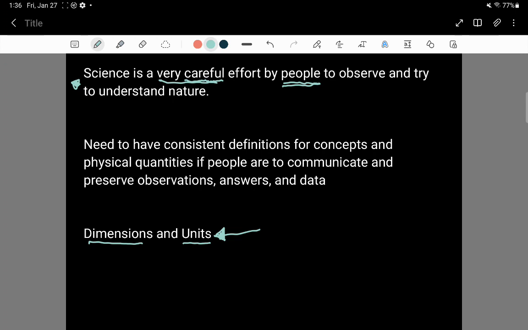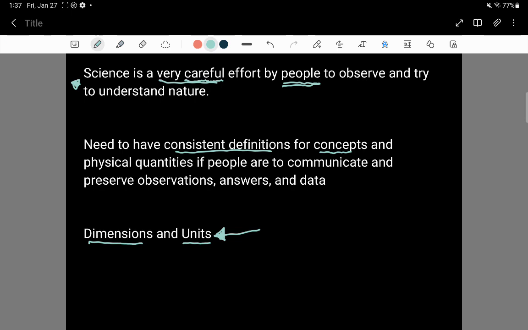So essentially, science needs to have an agreed upon way of talking about physical quantities and phenomena. That is, science needs to have a consistent, careful language, right? So we need consistent definitions for the various physical concepts like energy or momentum or mass, electric charge, lots of different concepts, right?